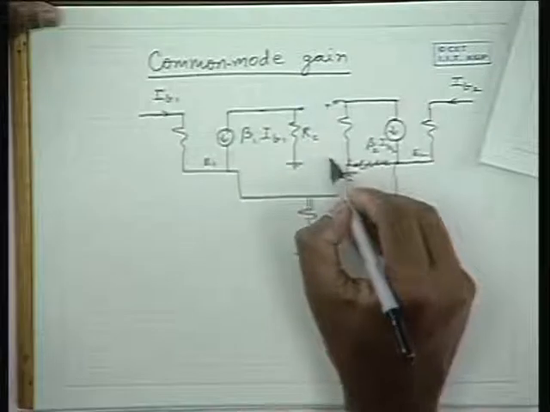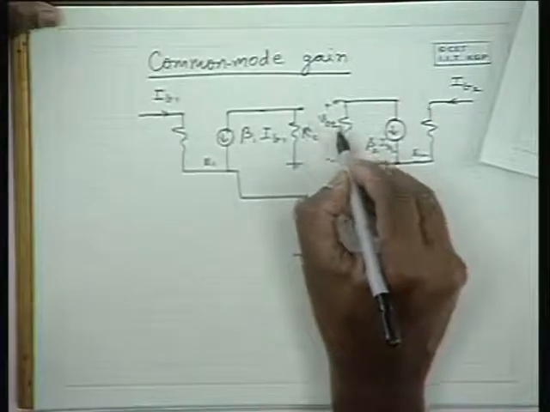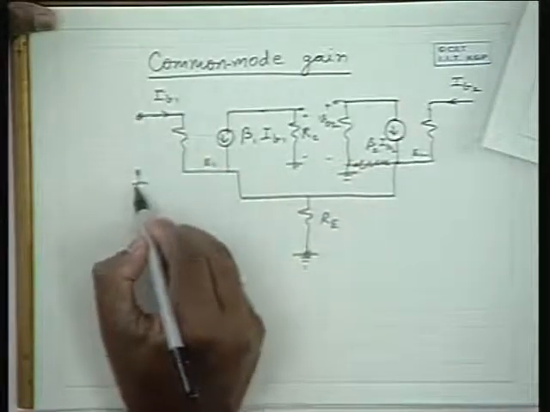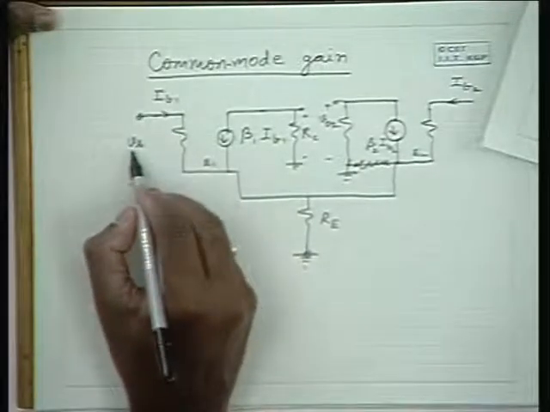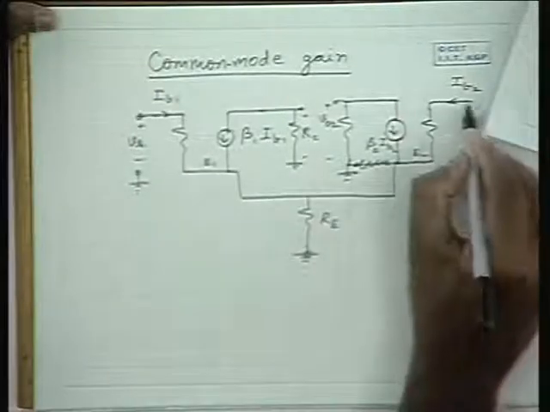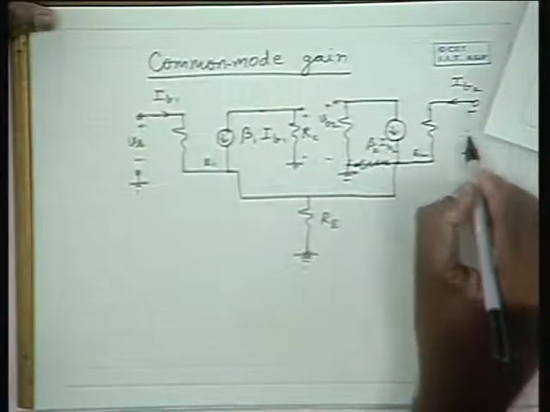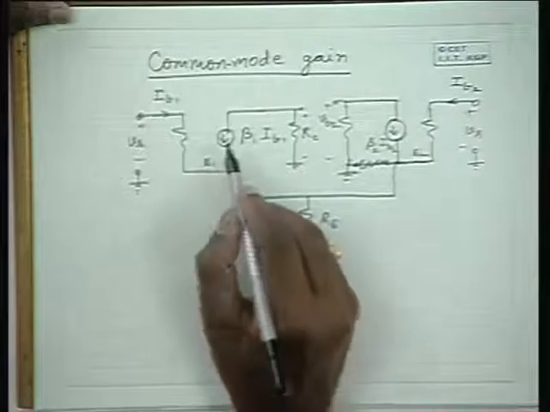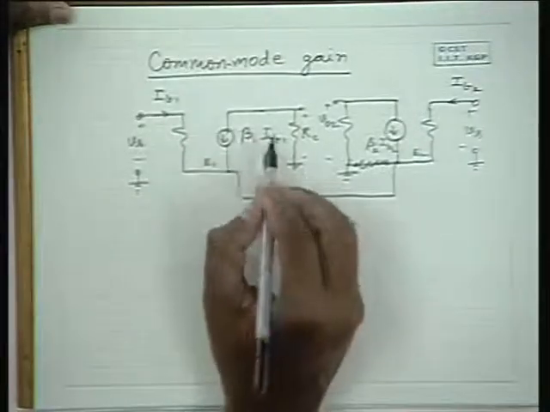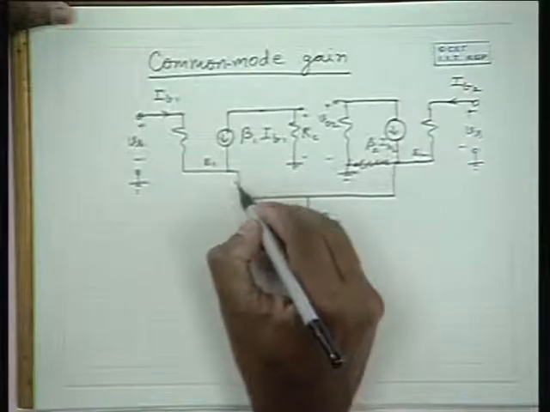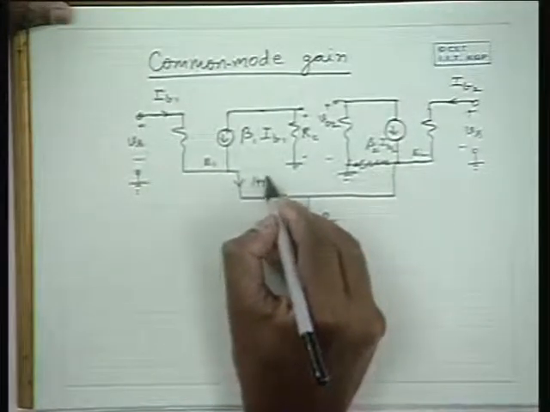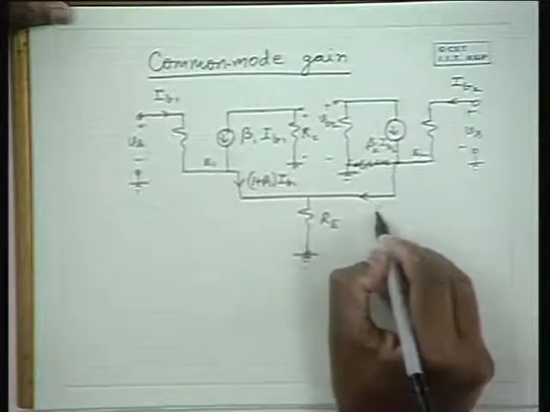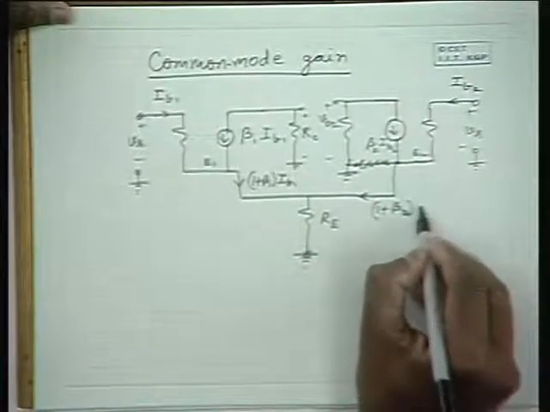So, this is the output point VO2 and this is the output point VO1, and here we apply Vs, and here also we apply Vs. And please note that with this one being IB1 and this one being beta 1 IB1, what flows through this is 1 plus beta 1 into IB1, and similarly here it is 1 plus beta 2 into IB2.